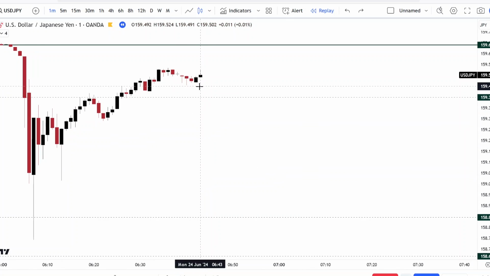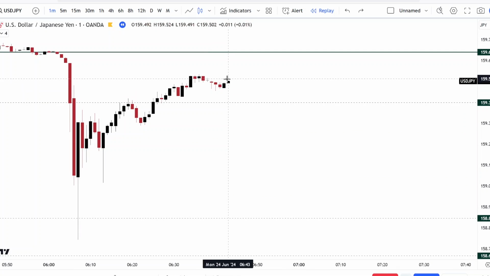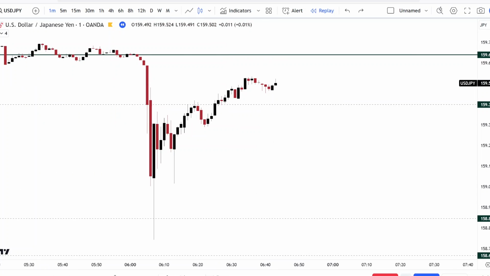So look at the timing. It's already 6:40, so 40 minutes have passed within our 1 hour candle, and price did not get back to our candle open. So even if price does now come back to the candle open, this will no longer be a valid trade. Why? Because now the time is not in our favor. There's not enough time for this candle to flip successfully.